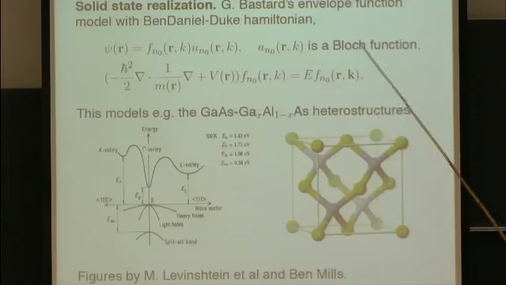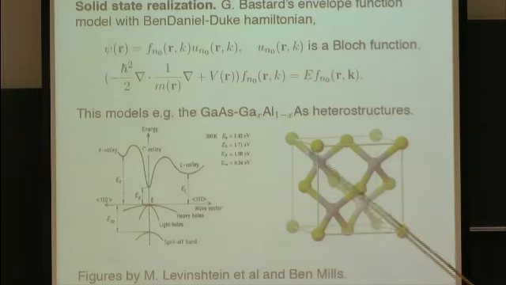And this very particular model has been suggested for this type of gallium aluminium arsenide heterostructures. And these structures are interesting in the sense that they look a little bit like this. There are atoms that can be replaced by other atoms. So this means that we can create a structure that varies smoothly.